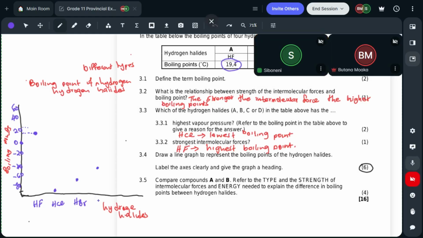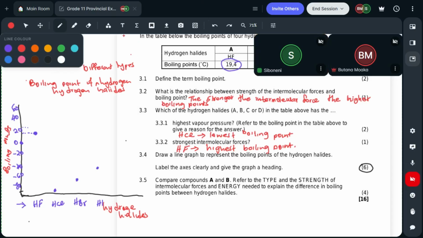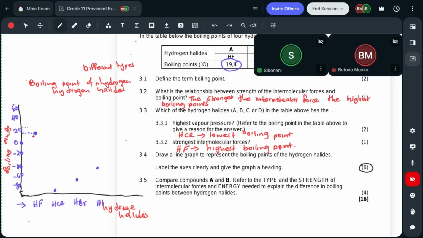But tell me, is this correct if we name our HF on that part? Is it correct? I'm just gonna plot my graph like this, then it moved to that, and then it's gonna move to that. I think this is 0. This is where we should name our halides.